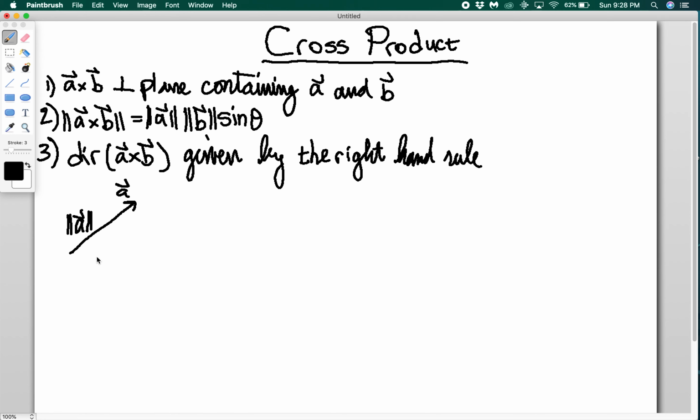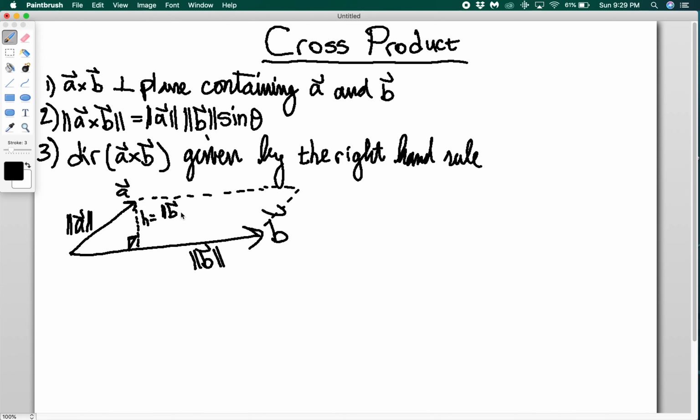So if I have a vector A of magnitude A here, and I have another vector B of magnitude B, then one interesting thing about the cross product is that if I make a parallelogram like this and find its area, I can drop down an altitude, which is supposed to be perpendicular. The height of this altitude is going to be equal to the magnitude of B times the sine of theta.